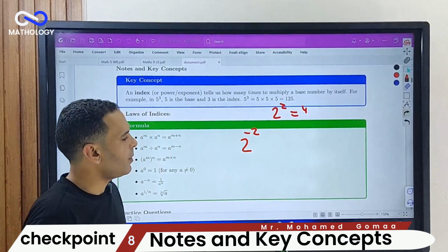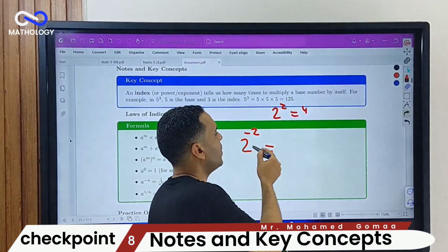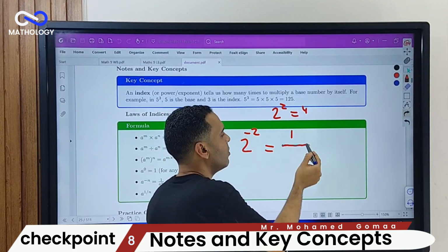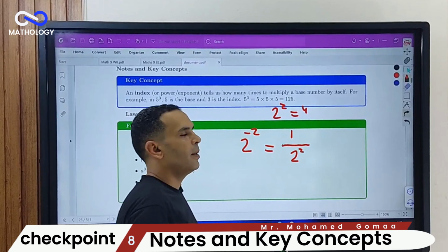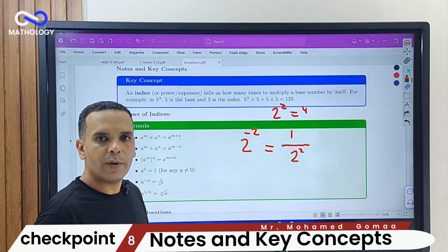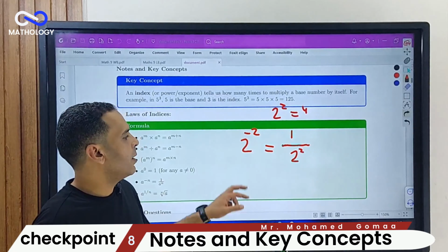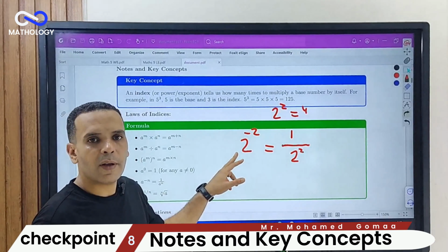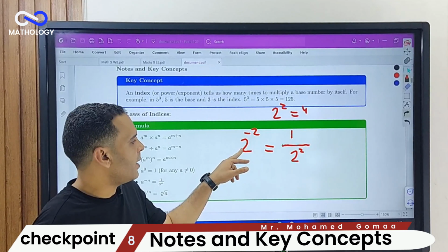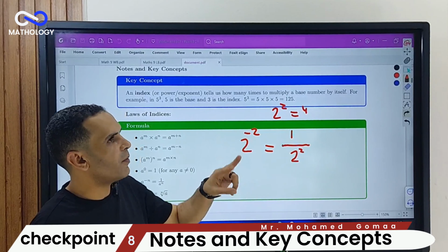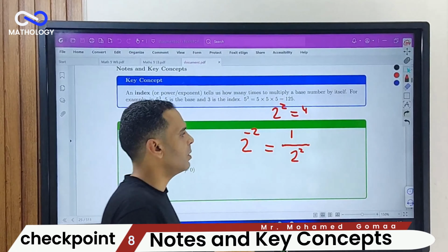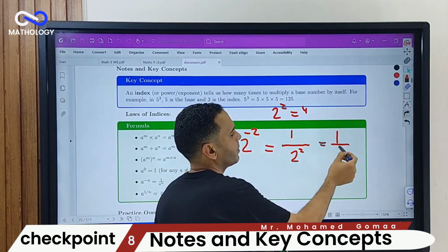No. 2 power negative 2 means 1 over 2 power 2. The negative power means 1 over the base. It will be 1 over 2 power 2, or 1 over 4.